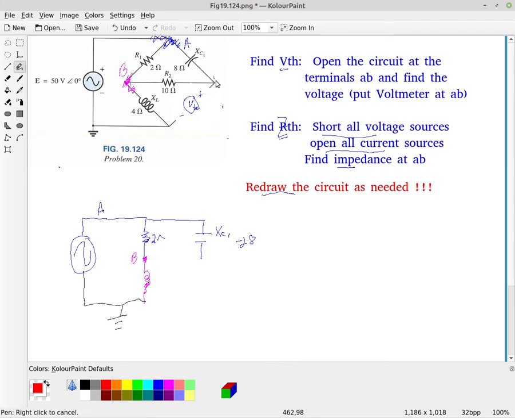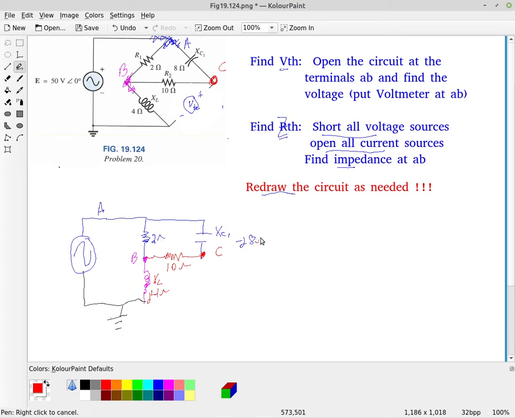And then on the other side of the capacitor we have point C, but point C is connected to point B through a 10 ohm resistor. And then, of course, X of L was over here, which was j4 ohms.